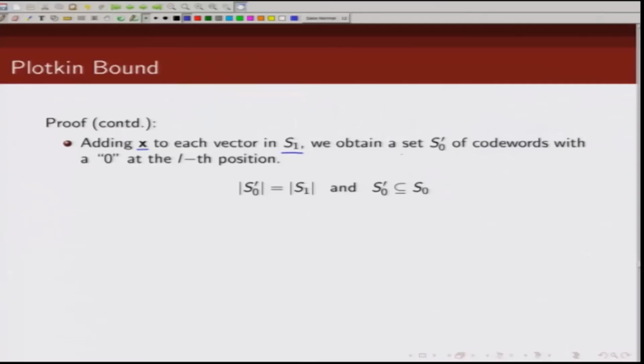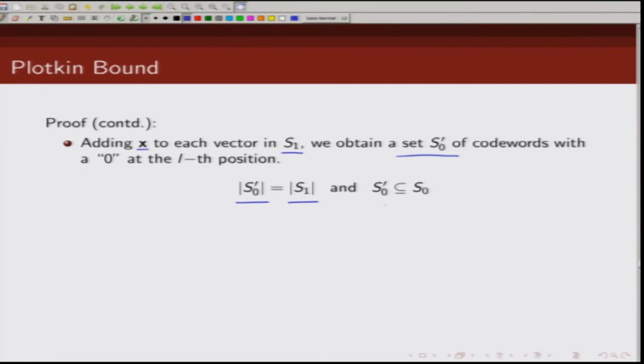We denote this new set by S0 prime, which will have 0 at the lth location, and the number of code words in S0 prime will be the same as the number of code words which have 1 at the lth location.